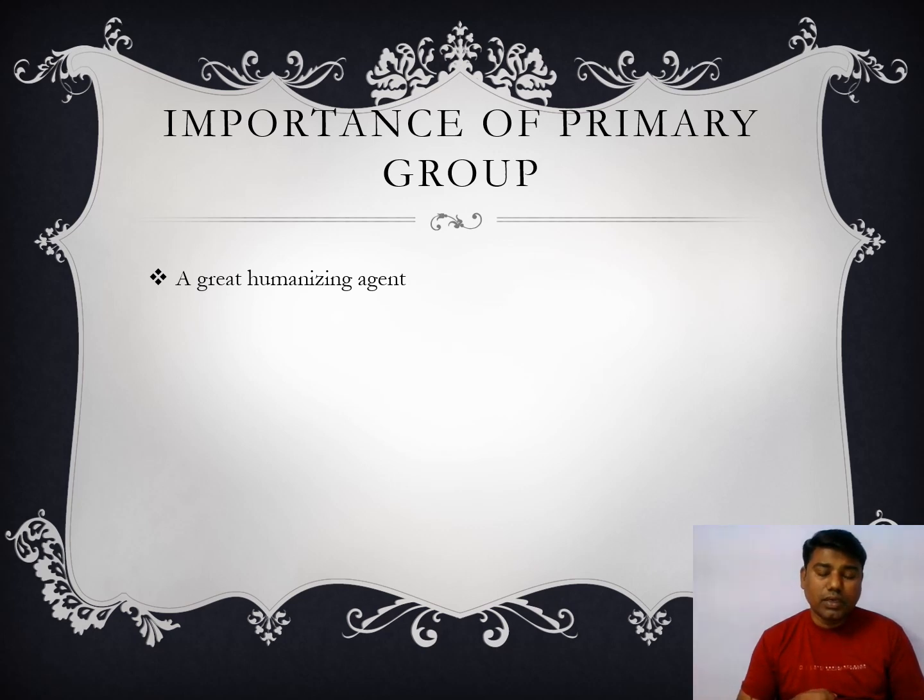Primary group teaches individuals the social norms, standards, morals, beliefs, values, customs, traditions, etc. So primary group can be called a great agent of socialization.